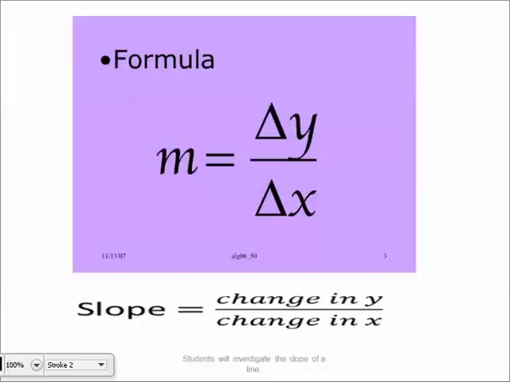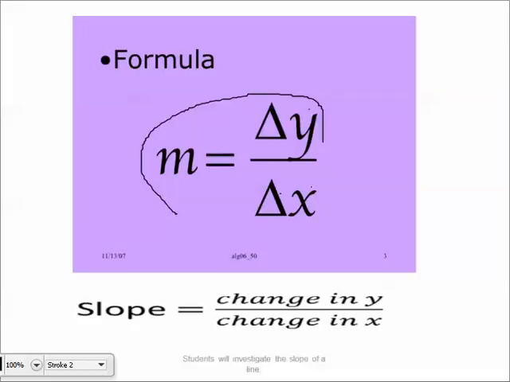So let's go ahead and look at this. I changed the formula here. I put this little triangular looking thing in front of it. Well, that triangle means the change. The change in y divided by the change in x, or delta y divided by delta x. Why am I telling you this?